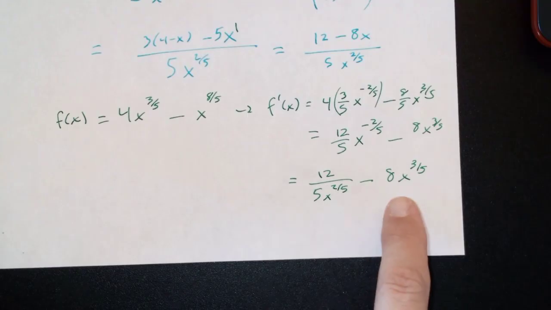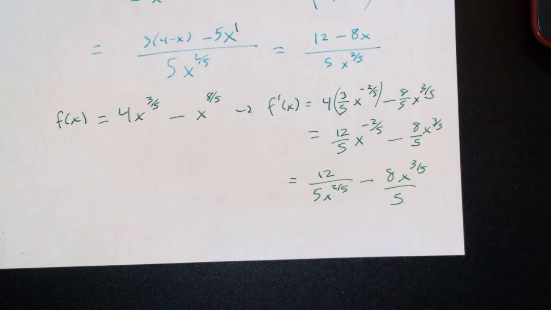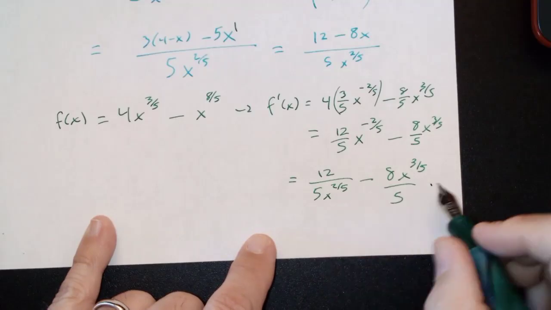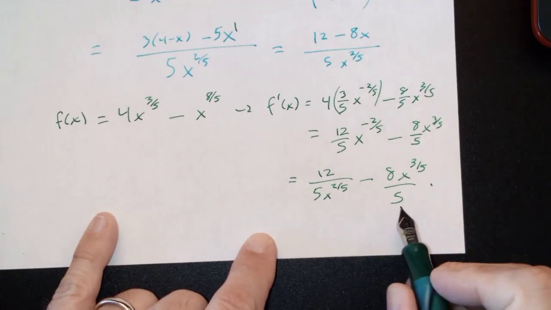I need a common denominator again. Oh, it's my third time forgetting the 5. This 5 is going to be the death of me. What should I do here? We've got to multiply the right side by 5x to the 2/5 over 5x to the 2/5.